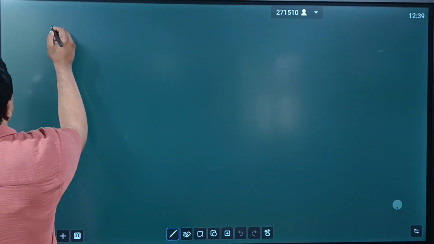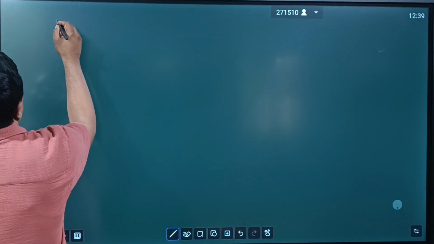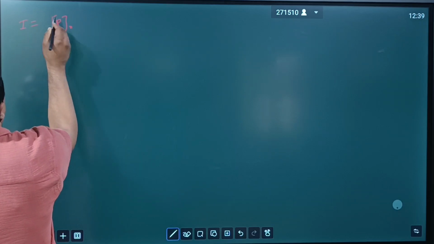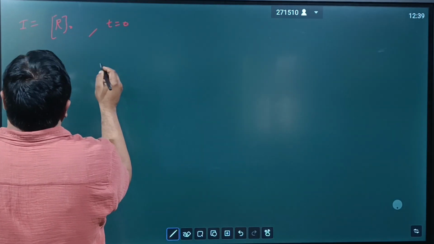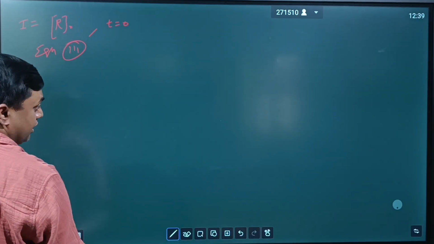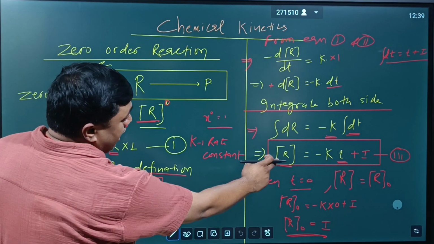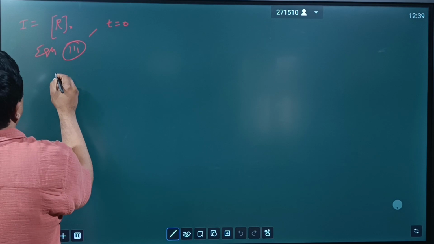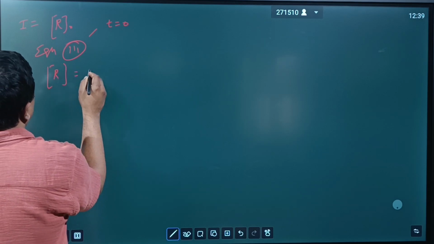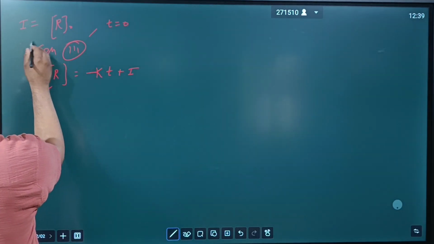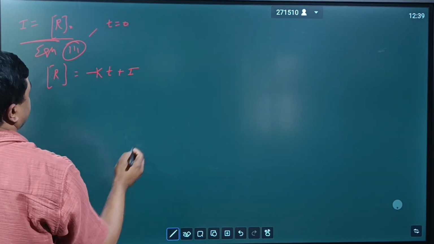Equation 3 is nothing but R is equal to minus Kt plus I. Now substitute the value of I equal to R naught in this equation 3.